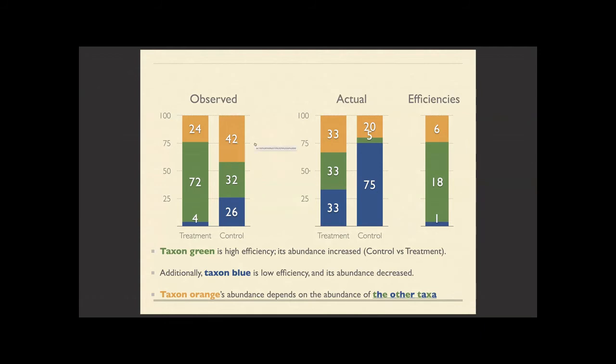And so it made space for that orange taxon to increase in abundance in the observed control data. The really important point that I want to make here is that the relative abundance of that orange taxon doesn't only depend on the efficiencies of the taxa in the community. It depends on the abundance of the other taxa as well. So it doesn't just matter who's in the community, but also what their actual abundance is, which is also an unknown parameter in these models.